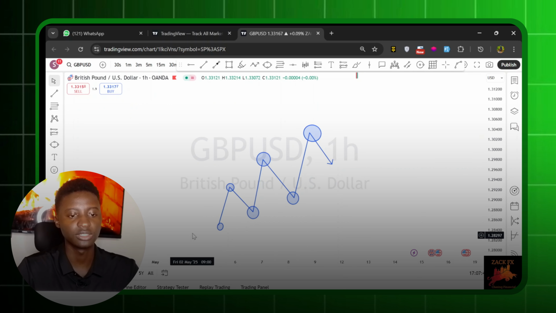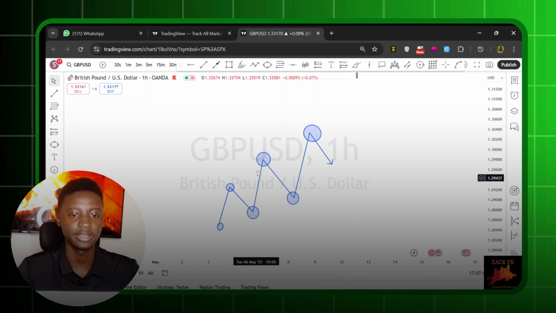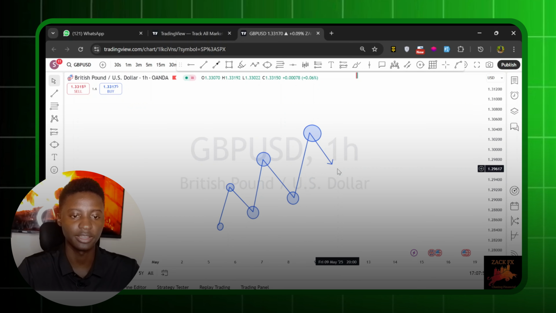So this is a series of higher high, higher low, higher high, and then higher low.